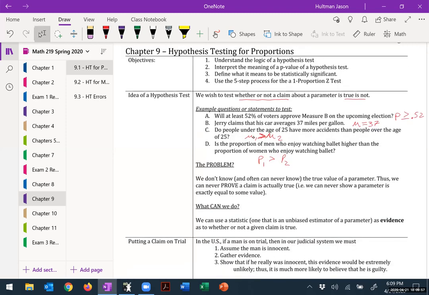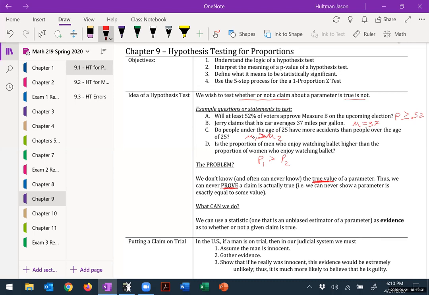The problem is that we don't know, and often can never know, the true value of the parameter. We don't know what P, mu, mu1, mu2 are. We often just have a sample. Thus we can never prove a claim actually true. What we can do is show whether the parameter is close or far away from our statistics.